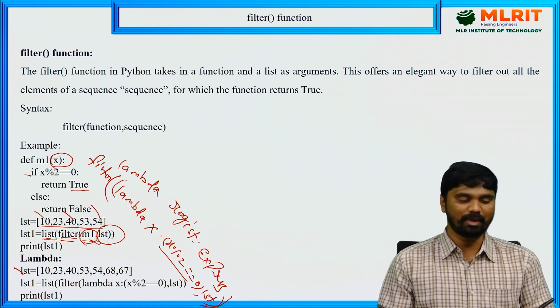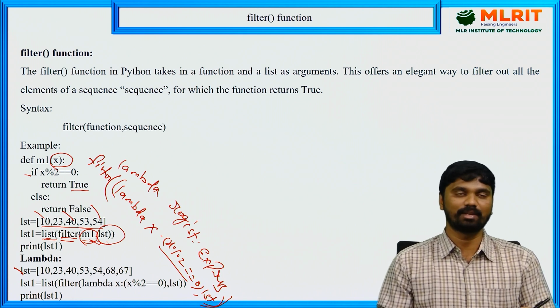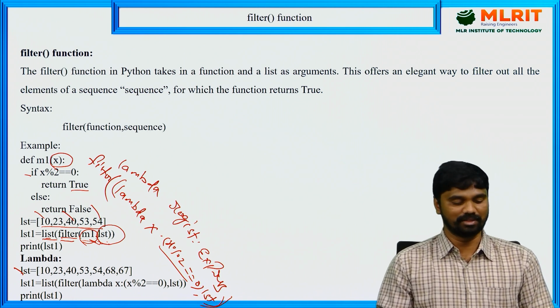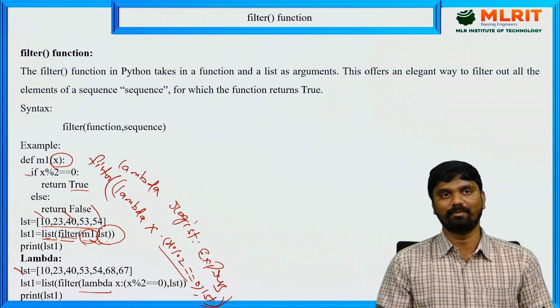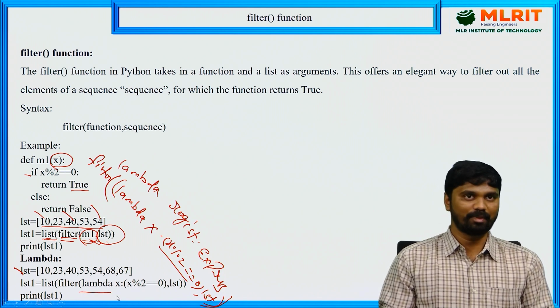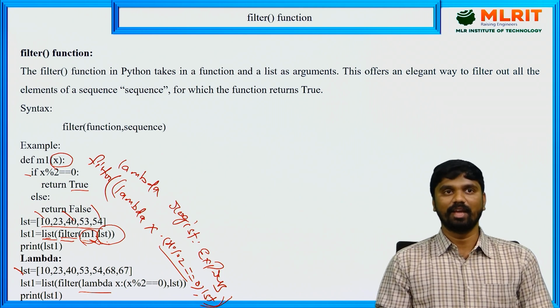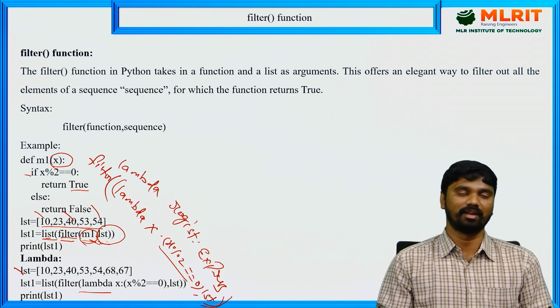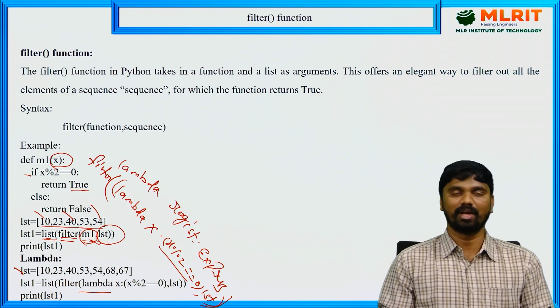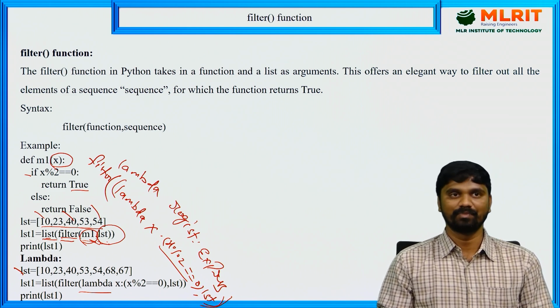The main purpose of lambda functions, or anonymous functions, is that we can pass a function as a parameter to other functions. That is the main purpose of lambda functions.